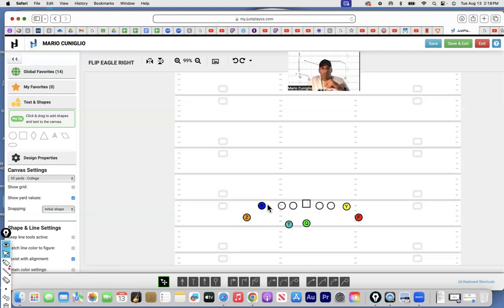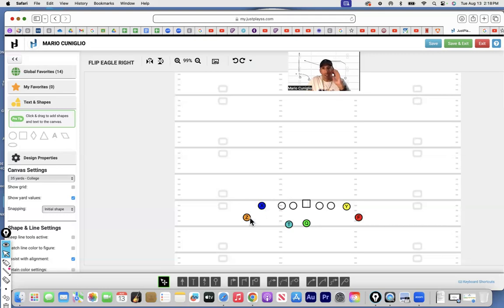X receiver. Basically, what we're going to do with you is we're condensing you, but we don't want to condense you too far where you get caught up in some traffic. So what we're going to do with you is if the ball is closer to the left hash, we're going to have you split the difference between the top of the numbers and the hash on the ball.